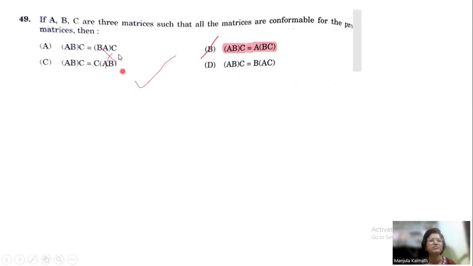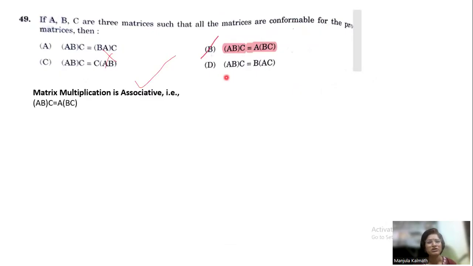Next question is, if A, B, C are three matrices such that all the matrices are conformable for the product, then AB... actually here we have a square matrix, a 2 into 2 matrix, that will be supporting the associative formula here.